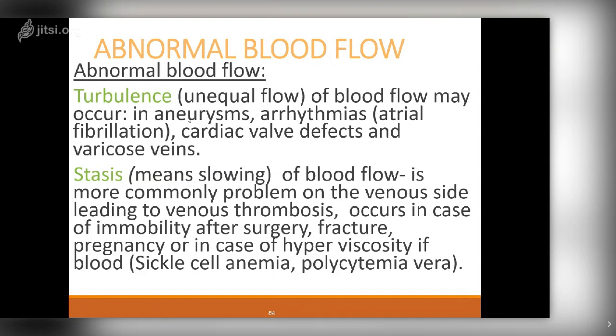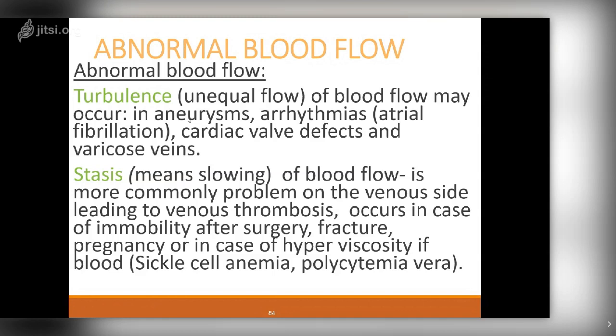Stasis, slowing down of blood flow. If there is slowing down of blood flow, the chances of the cells to stick to one another increase. And that's why, for example, we know that in immobile patients after surgery or fracture, the risk for venous thrombosis in lower extremities increases significantly.